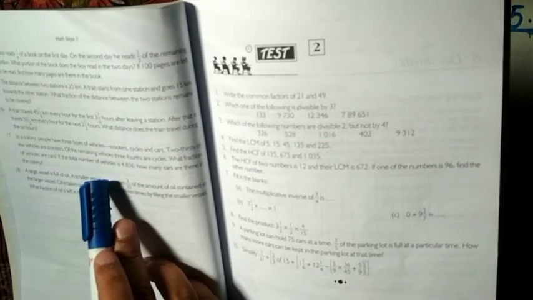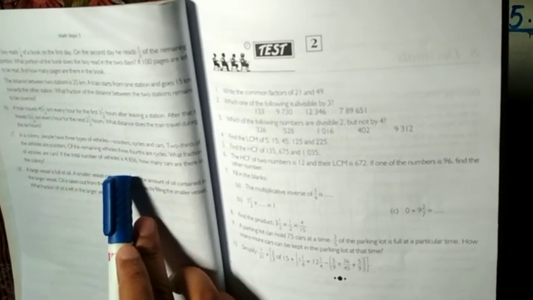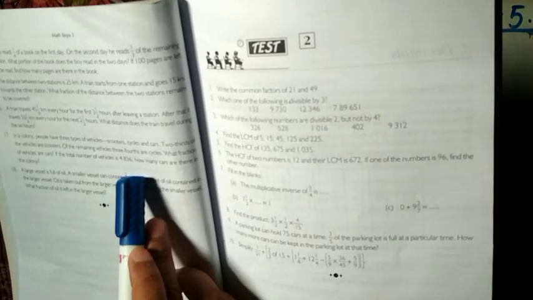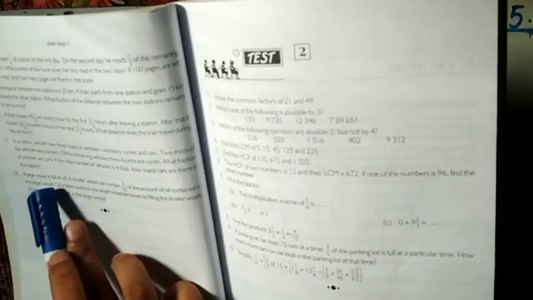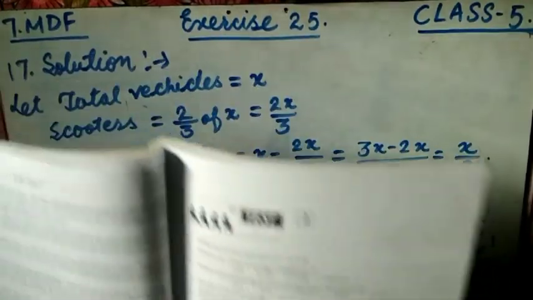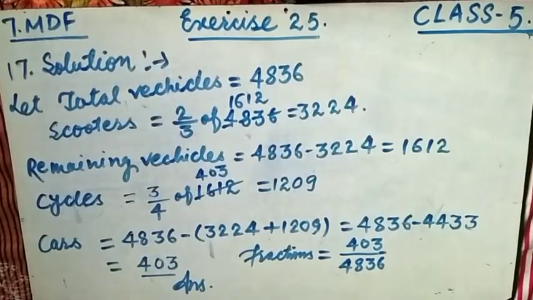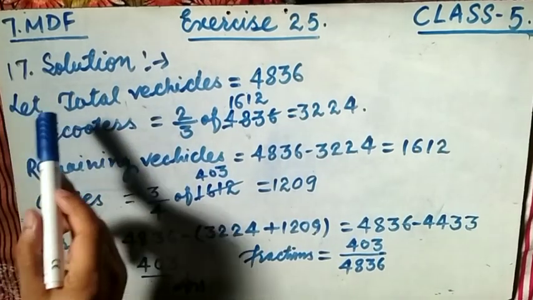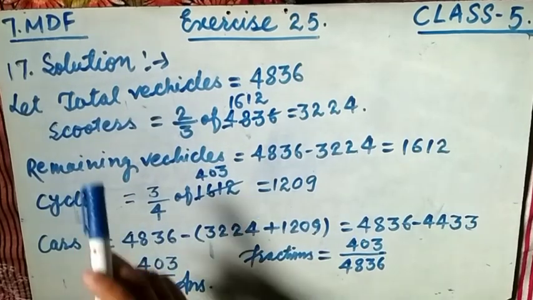What fraction of vehicles are cars? If the total number of vehicles is 4,836, how many cars are there in the colony? Okay, now see students, question number 17 solution.